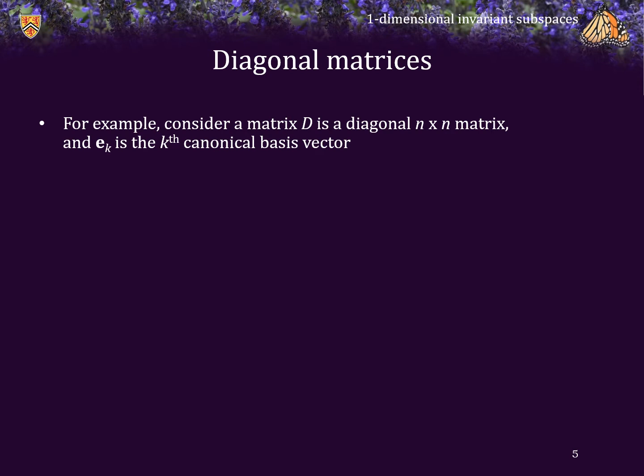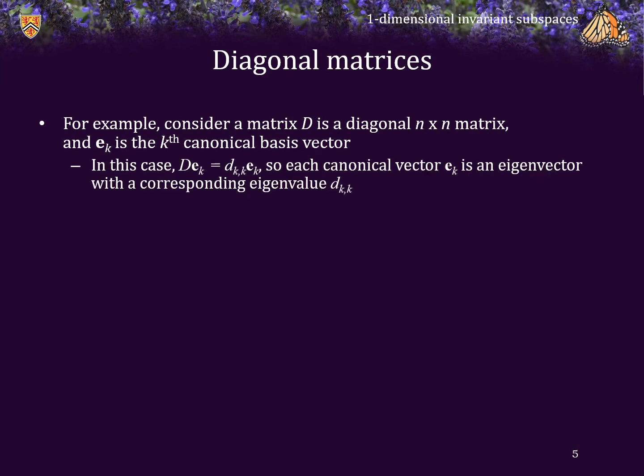Now, for example, consider a real matrix D that is a diagonal n by n matrix, and E sub k is the kth canonical basis vector in R to the n. In this case, the diagonal matrix times the kth canonical basis vector is simply going to be that kth diagonal entry times that canonical basis vector.